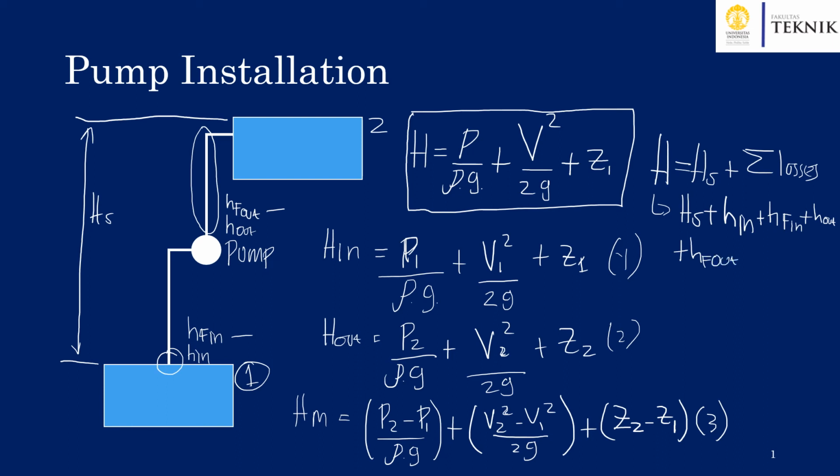In some cases, when a pump is used where the elevations are relatively small, so that the difference between Z2 and Z1 can be neglected, and the velocities at point 2 and point 1 remain similar, we can simply write the head equation as a function of the pressure difference between point 2 and point 1 divided by density and gravity.